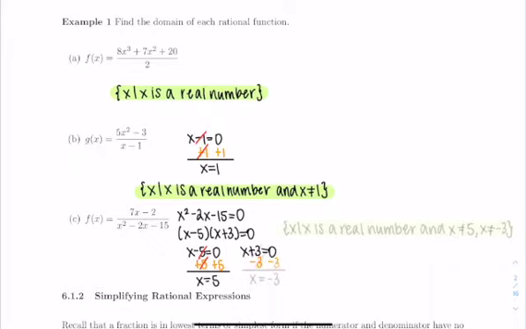And then I'm going to subtract 3, and we get that x equals negative 3 as my other value that I cannot have.